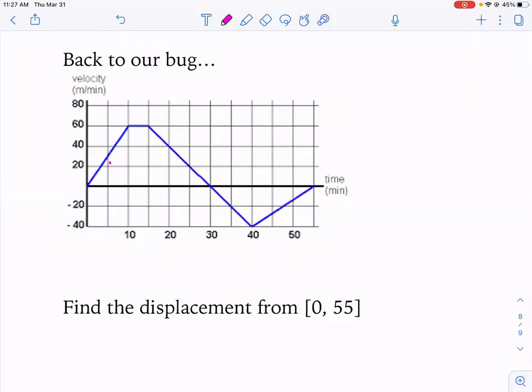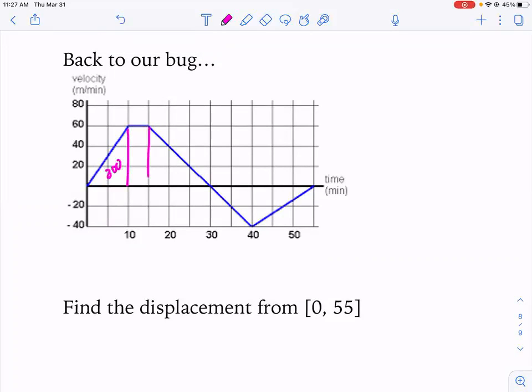So this is 10 times 60 divided by 2. Okay, so this is 300.